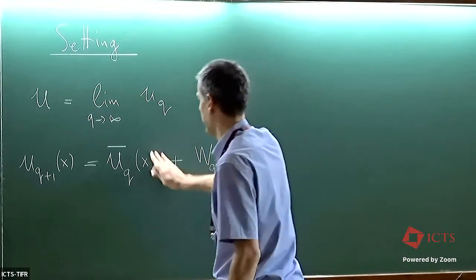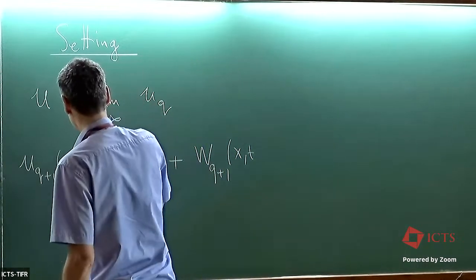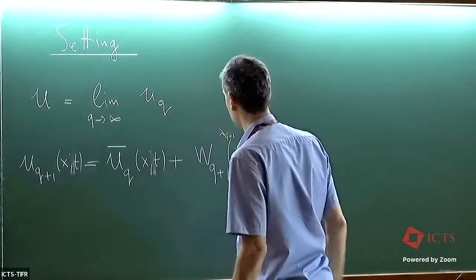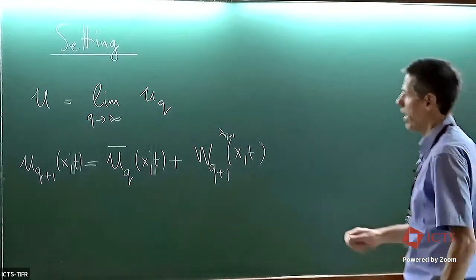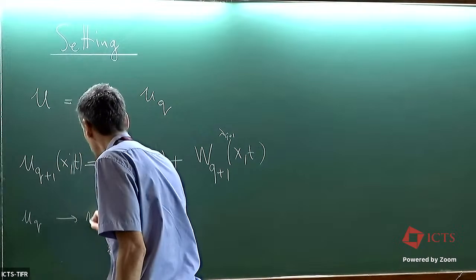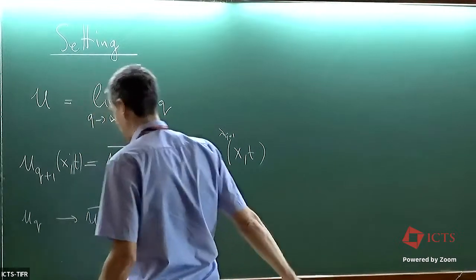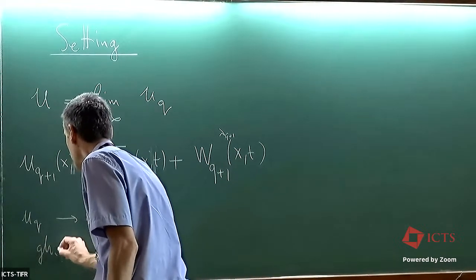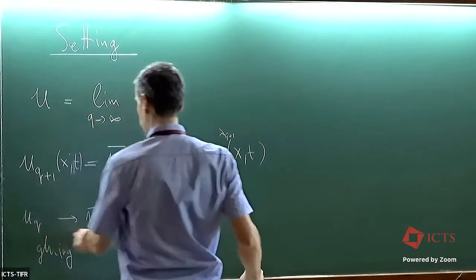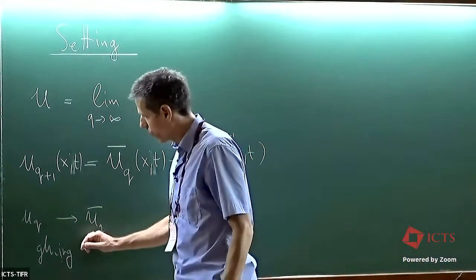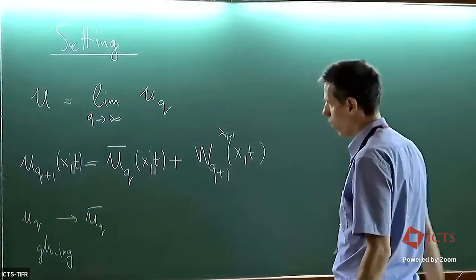Okay, maybe I keep just like this, but of course this one has a lambda q plus 1, and there is a step that I just briefly mentioned. I'm not sure anyone after me will talk about this, but there is a gluing step. We have to replace uq by uq bar, which is on small intervals a solution of the Euler equations.